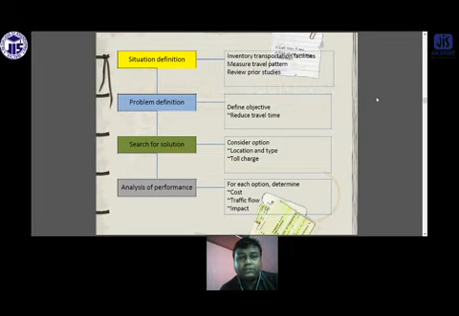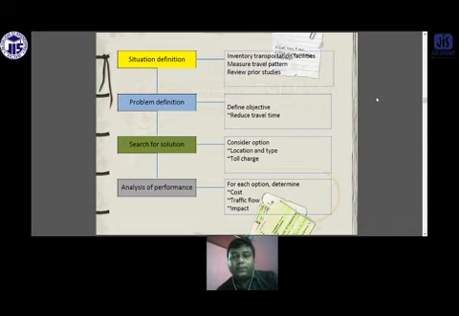The situation definition: inventory of existing transportation facilities, measure the travel pattern, review prior studies. Problem definition: define objective, reduce travel time. Search for a solution: consider options, location and type, and toll charges. And analysis of performance for each option: determine the cost, traffic flow and impact.